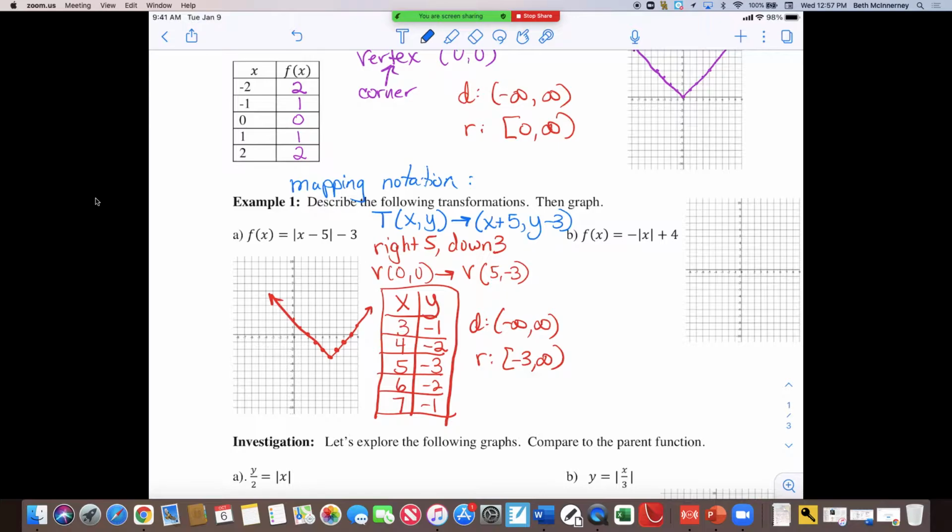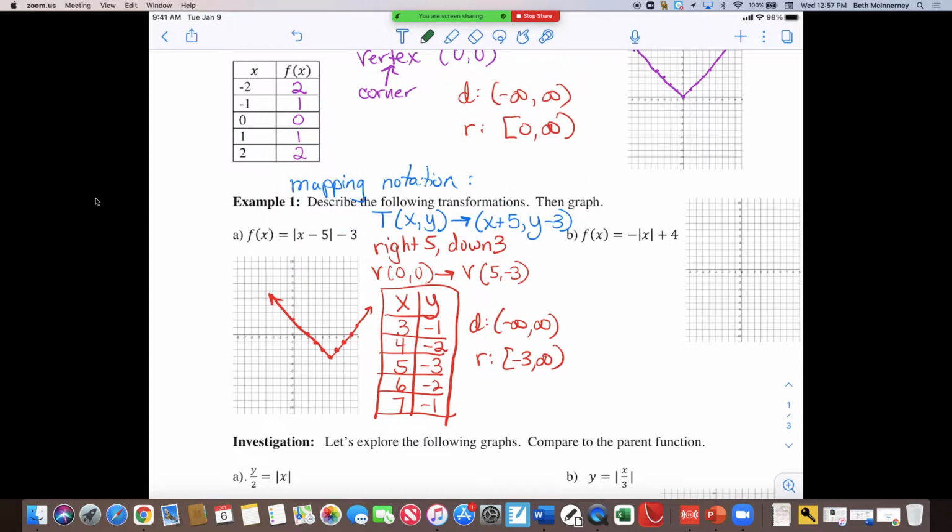Now I want you to pause a moment because this is where it can get muddy. This is where it can get confusing. Do you see that in the equation, it's x minus 5 moves it right 5, but in mapping notation, it's really x plus 5? So notice that difference, but then the y stays like it should.